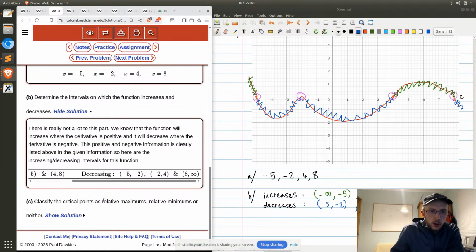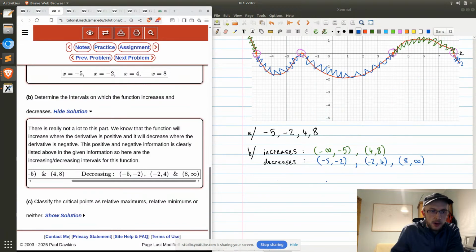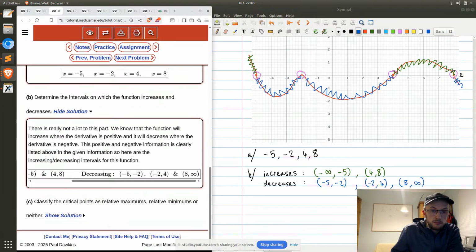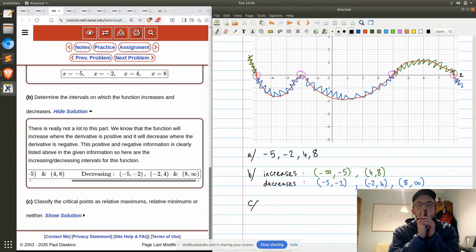Classify the critical points as relative maximums, relative minimums, or neither. Right, let's think about this logically.